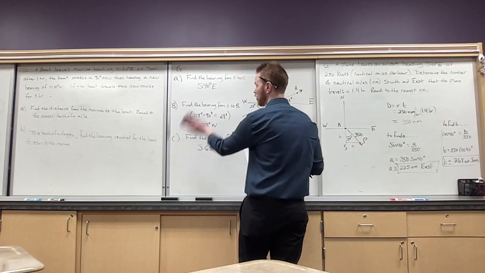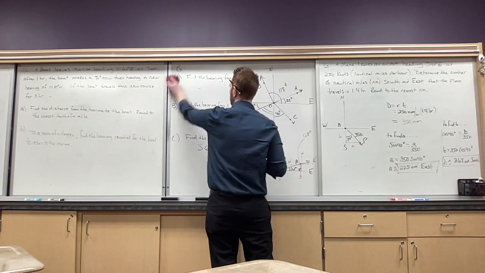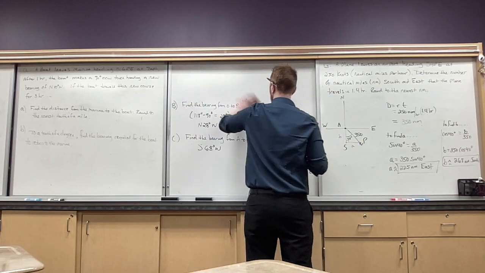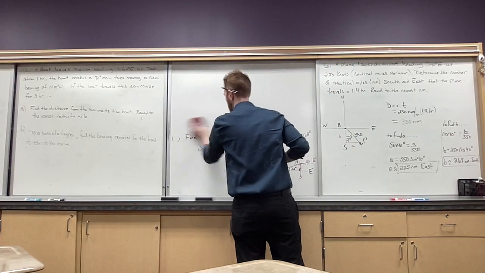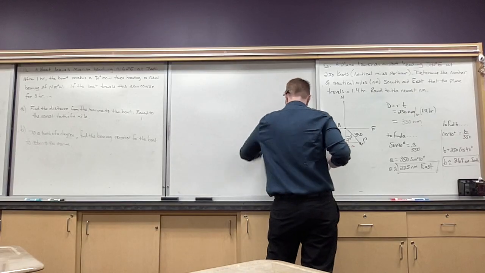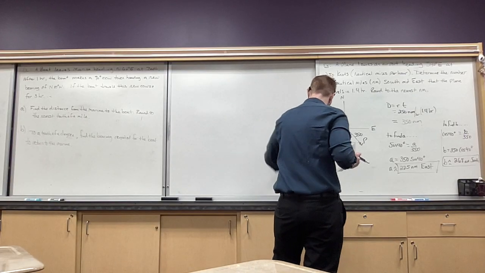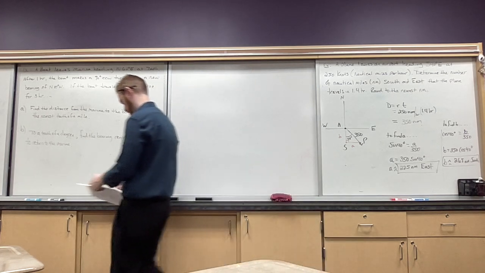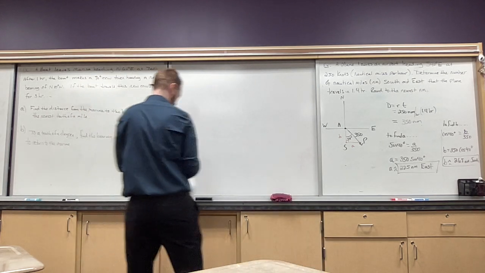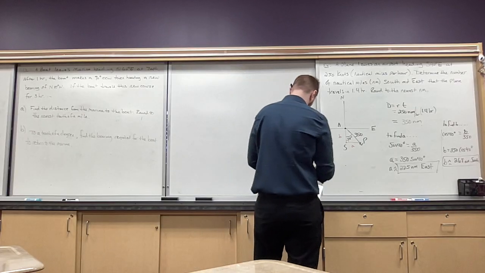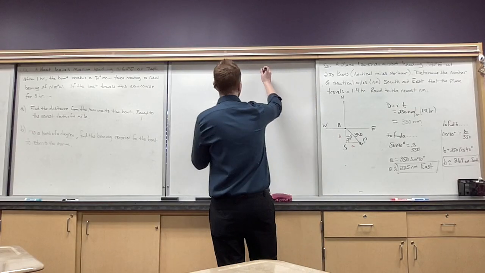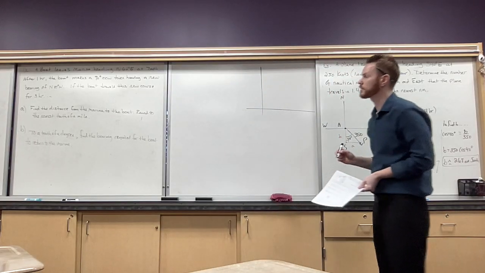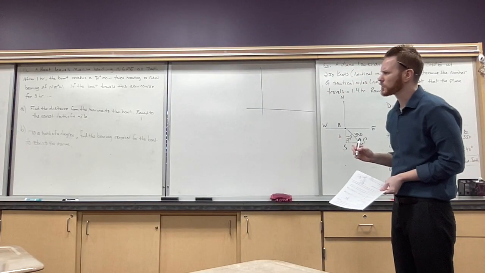And I'm gonna put all the work on this board, because I'm not gonna try and squish it underneath there. Here's the deal. I know that the boat is going northeast, and then after it's going northwest.